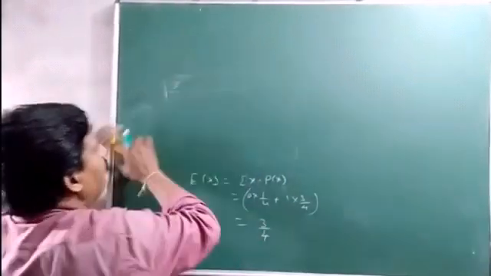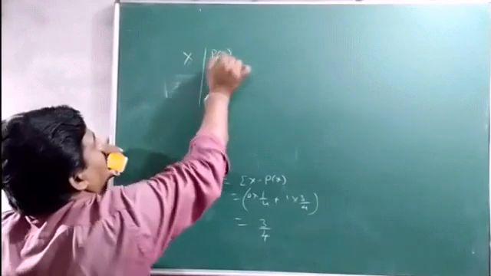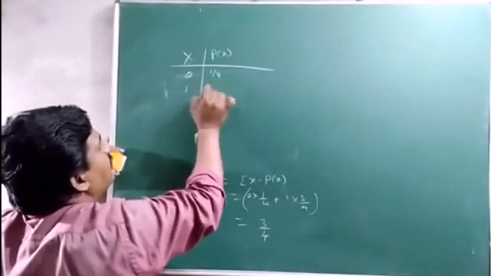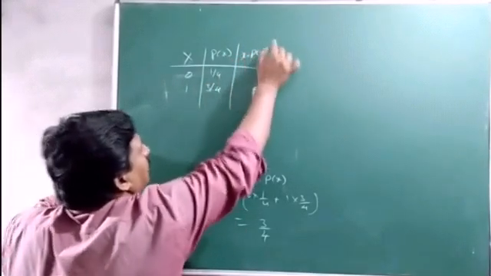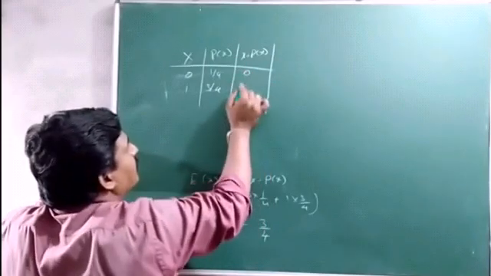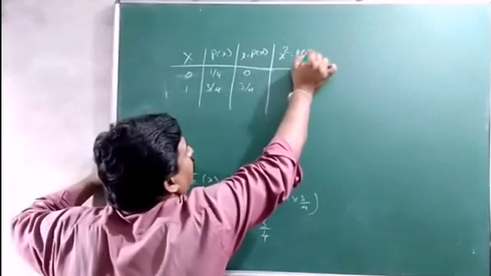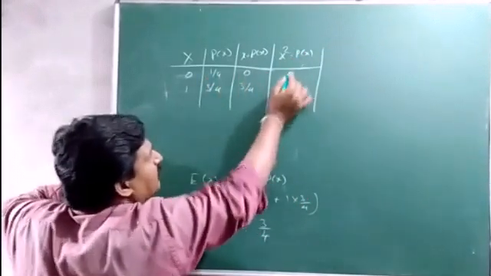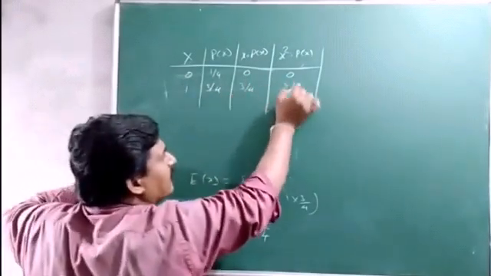So I'll reform the table: x, P(x). So x is 0 and 1, with 1 by 4 and 3 by 4. So x into P(x) is 0 and 3 by 4, and x square into P(x): 0 square is 0, 0 into 1 by 4 is 0, 1 square is 1, 1 into 3 by 4 is 3 by 4.